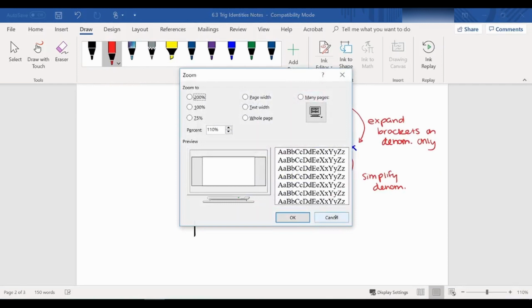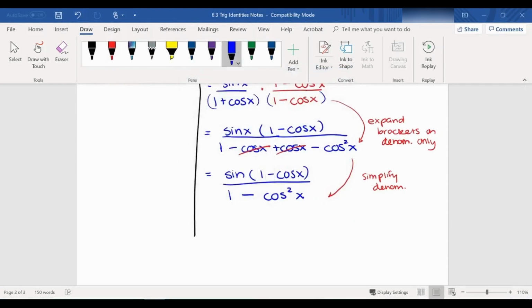Now we see on the denominator, we have 1 minus cosine squared. That is actually your Pythagorean identity. So 1 minus cosine squared is the same as sine squared. So here, we used the Pythagorean identity.